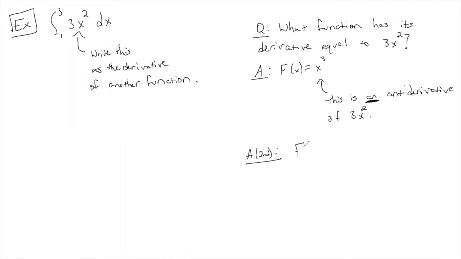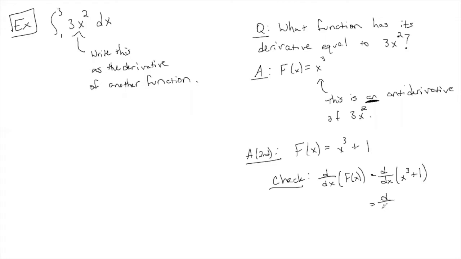What about this? Well, let's check. The derivative of F of x is the derivative of x cubed plus 1. And remember, derivative is linear, so it applies to each term.